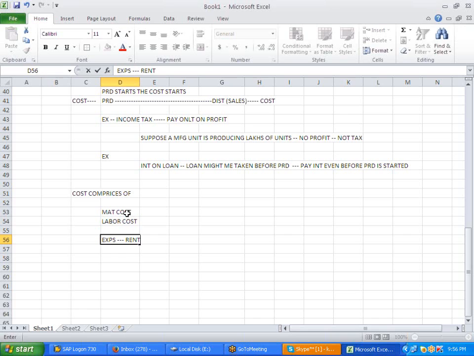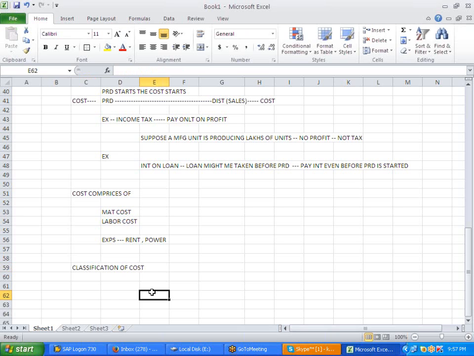Example, rent. Power. These are all my expenses apart from that. So other than material and labor are considered as expenses. Based on that, now I'm classifying. Classification of cost.